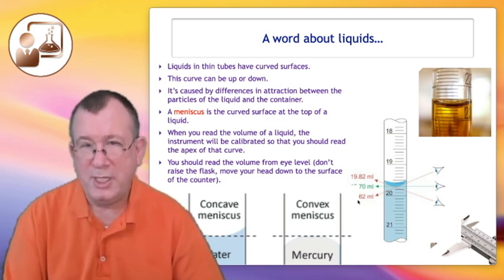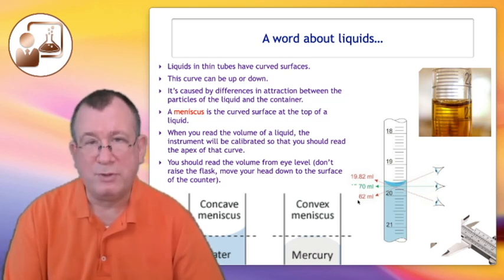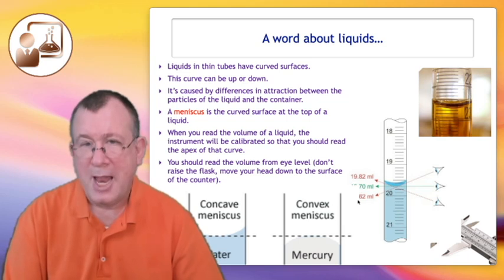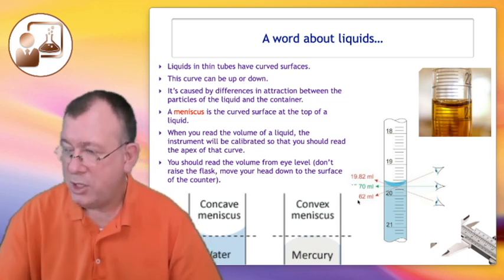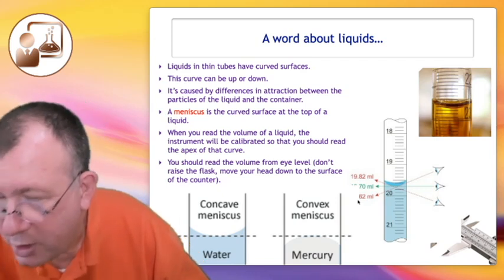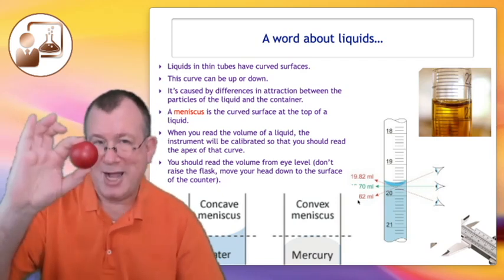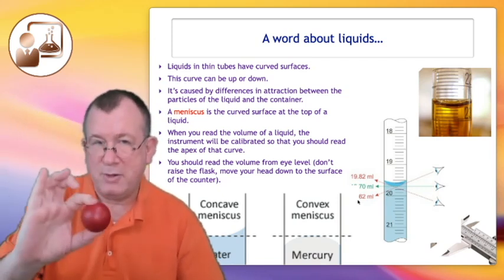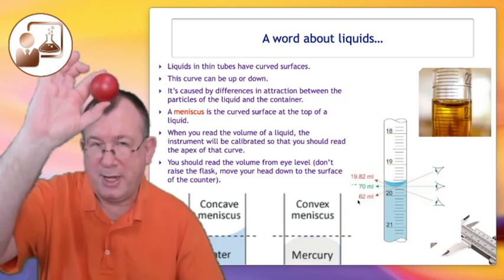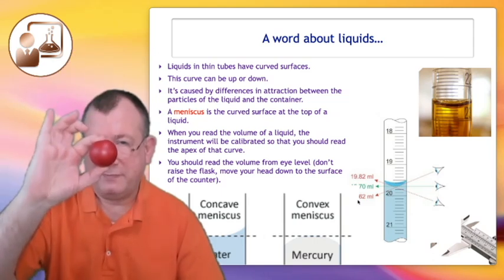So when you're reading this, you are looking at the bottom of that meniscus for solutions that are based on water or similar to water. And it's very important that when you do this, you bring that instrument up to eye level. Don't look down at it. Don't look up at it. Keep it at eye level.